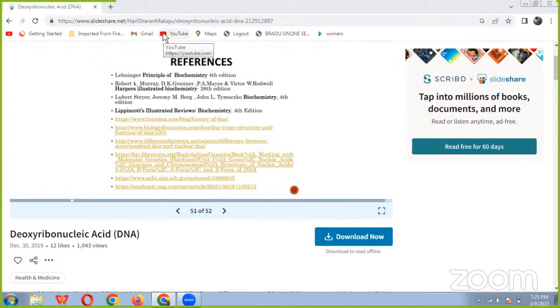These are the types of DNA, and next one is cell absorption. Next one, cell cycle.